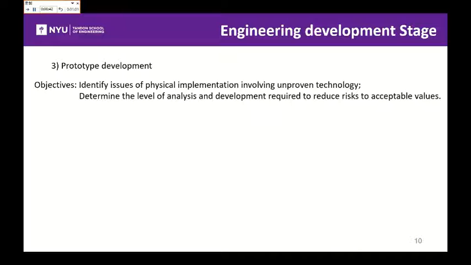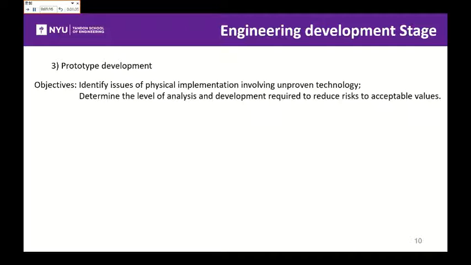In the first method, we have resolved the risks brought by unproven technologies. And here we should consider the issues that will occur during the physical implementation. And second, we should determine the level of analysis and development required to reduce risks to acceptable values.